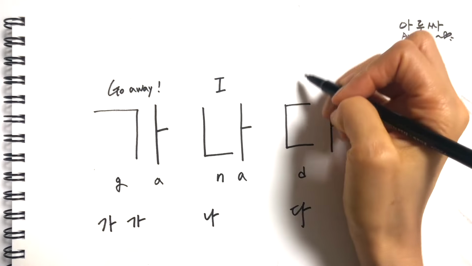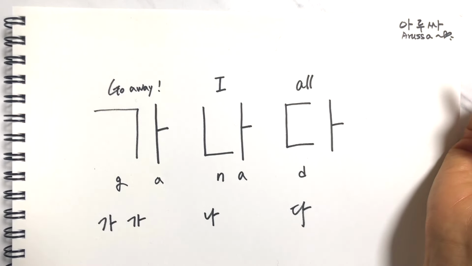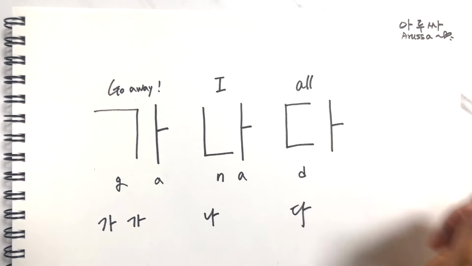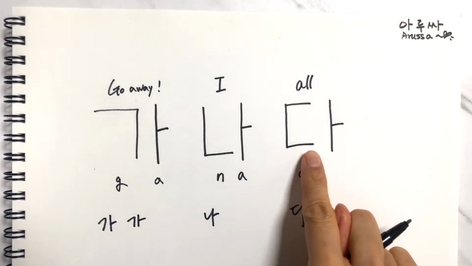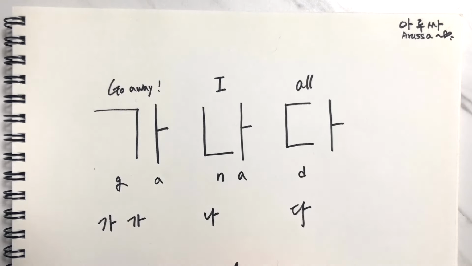Da actually means all. I want it all. 다 주세요. 다. Hey, would you like some tangerines? I have 10 tangerines. Oh, 다. 다 주세요. I'd like all of them. 다. So again, kill two birds with one stone.